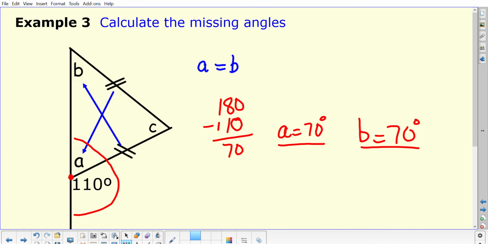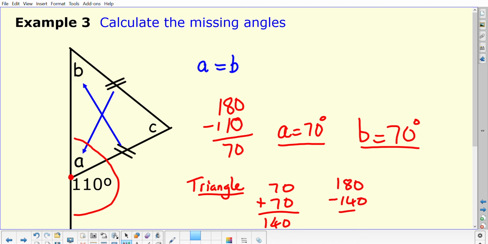So now when I look at my triangle, I've got two angles of 70 degrees, and if I add them together I get 140, and if I then take that away from 180, I will work out that angle C therefore needs to be equal to 40.